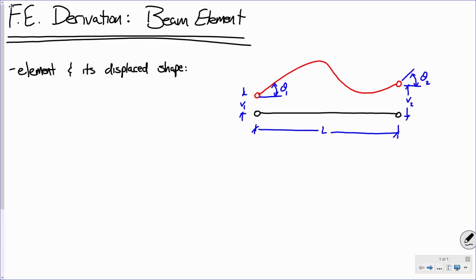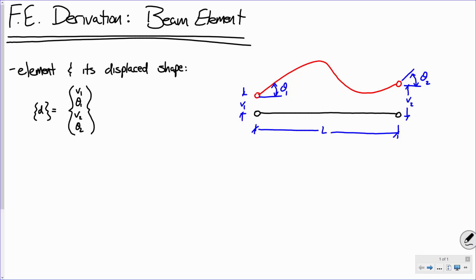So, if I wanted to write its vector of nodal displacements, the D vector, remember that's the vector of all those constants, I might say it's V1, theta 1, V2, theta 2. And those are the constants that define that displaced shape. Is that a fair point?